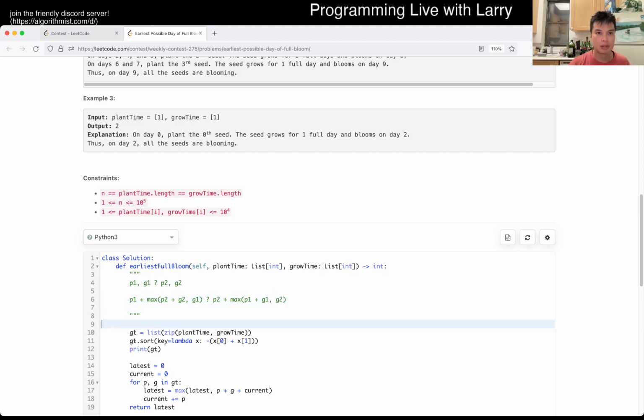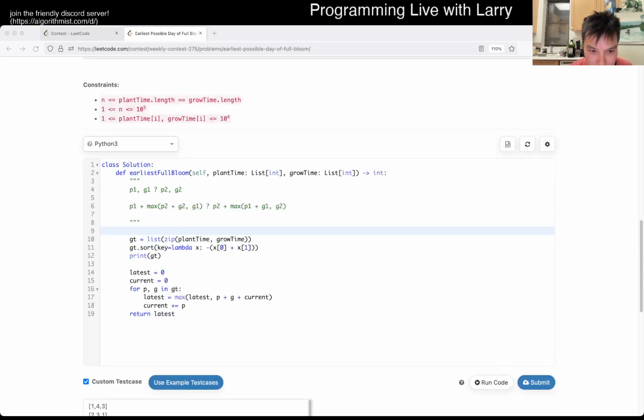Okay. Comparator. In Python, there's not an easy way to do comparator, at least. Does this work? I don't know if this works.